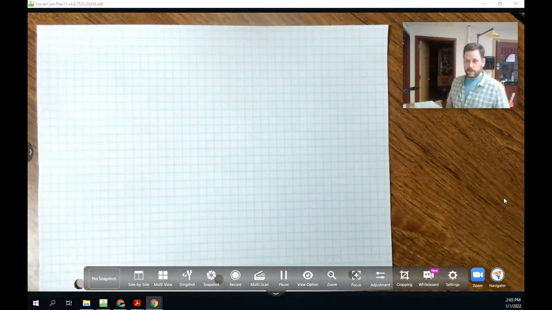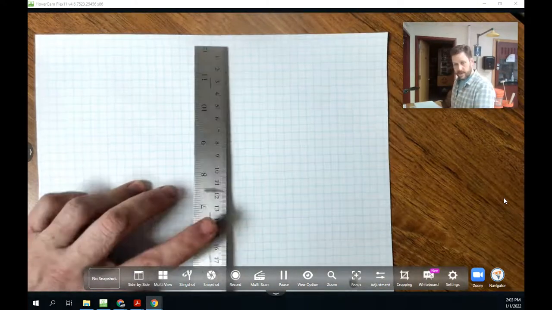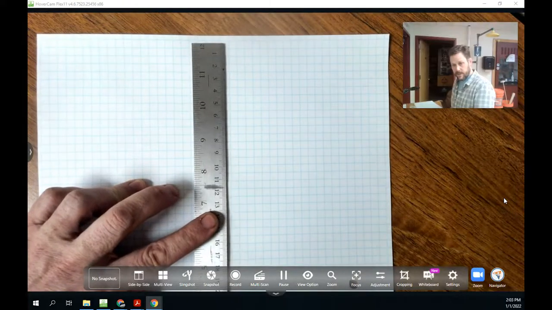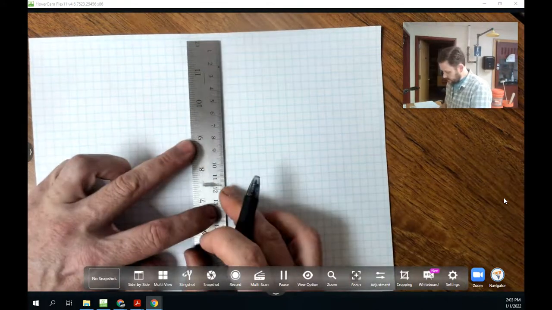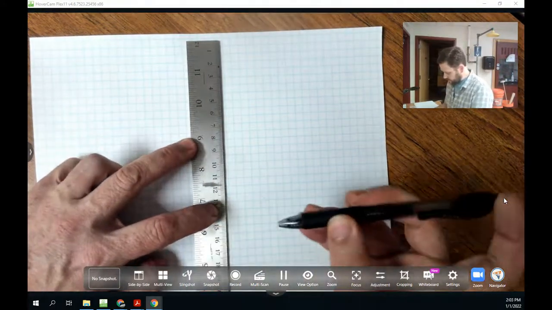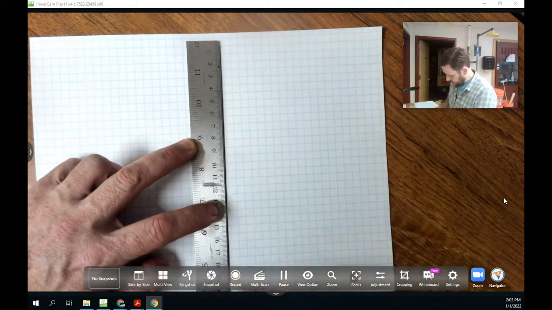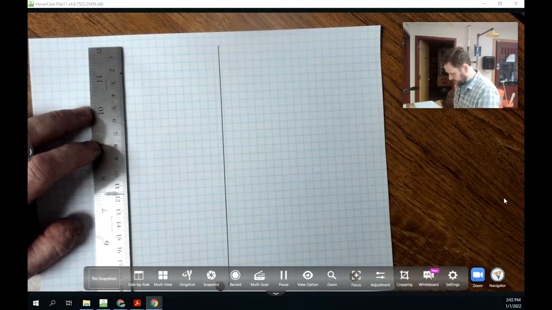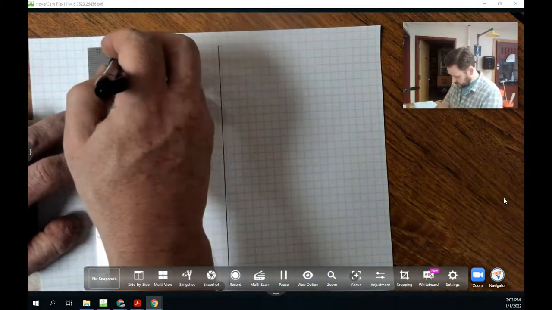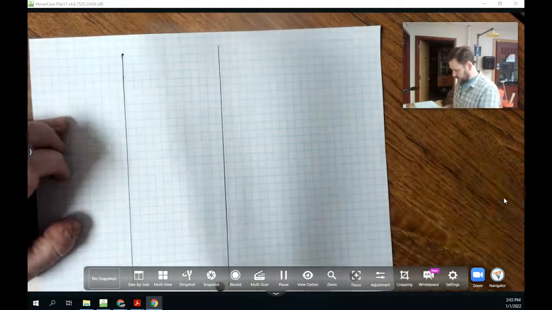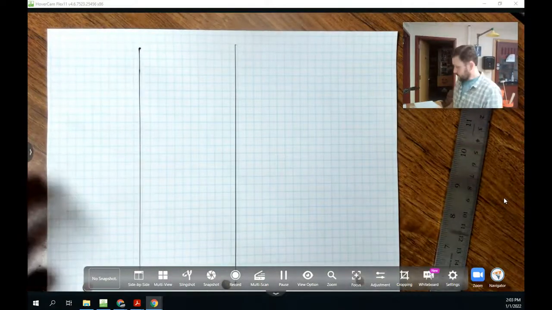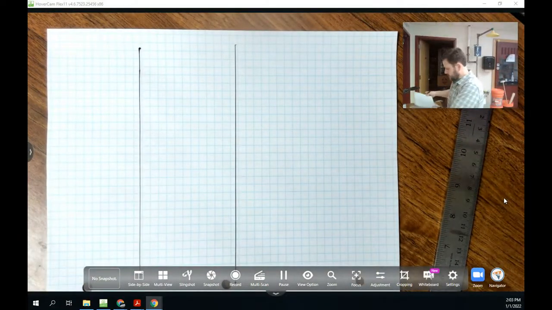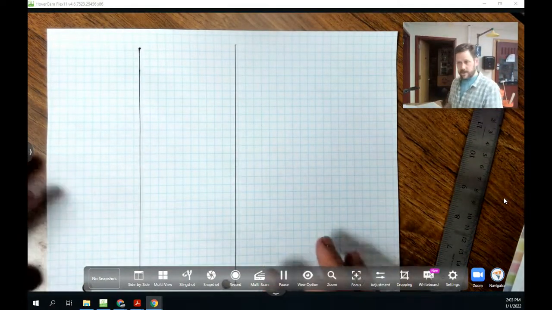In our written notes, we're going to first make a data table by dividing the page in half to make a very large right-hand column, and then dividing this in half again to make two smaller left-hand columns. And we're going to be introducing the idea that there are four quantum numbers that describe an electron's address.